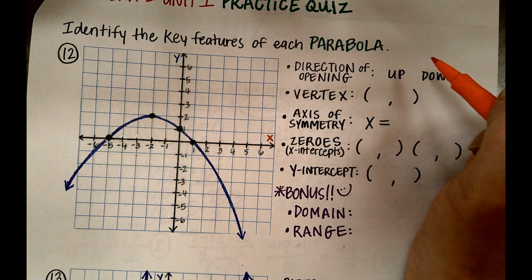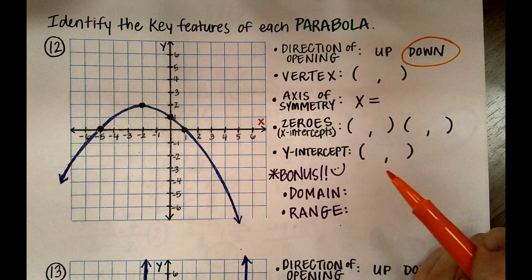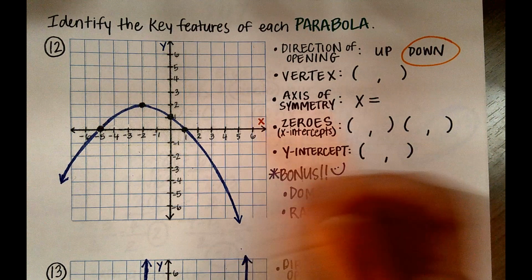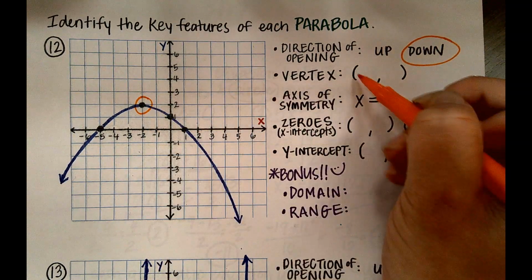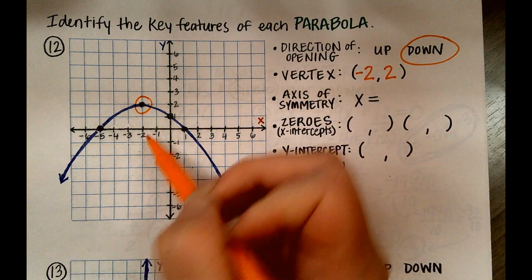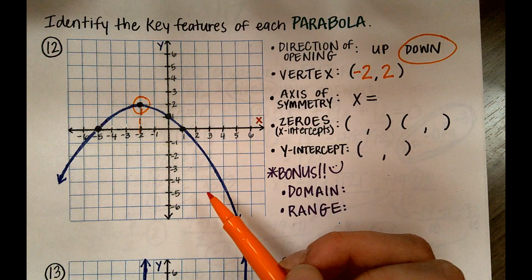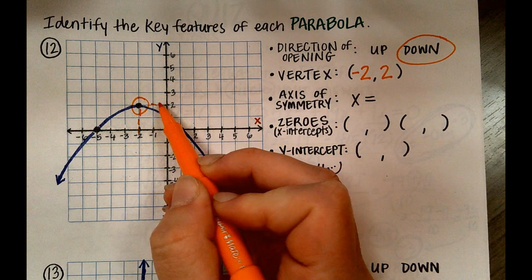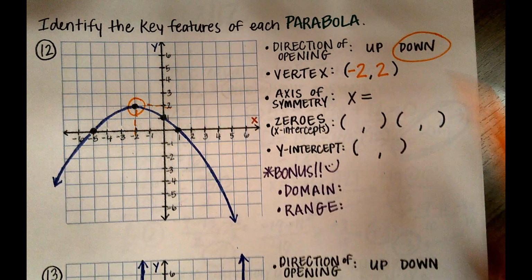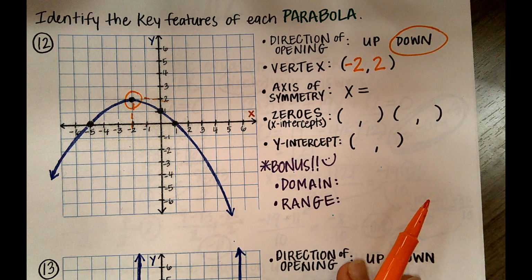Your arrows are going down, good, and your vertex is -2, +2. So here's our vertex. It lines up with -2 on the x-axis and +2 on the y-axis. Perfect. And your axis of symmetry is -2.